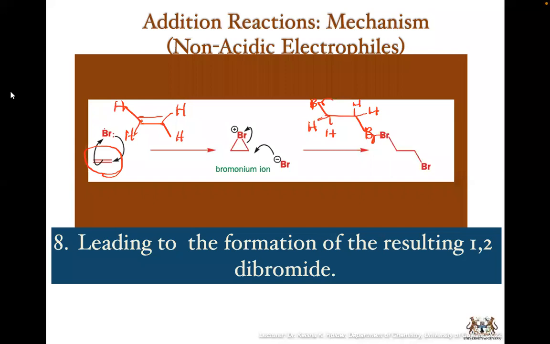So the presence of these bromine atoms allows for our molecule to become functionalized in such a way where it can undergo further reactivity, either by way of SN1, SN2. Well, in this case, it would be SN2 because these are primary carbon atoms.